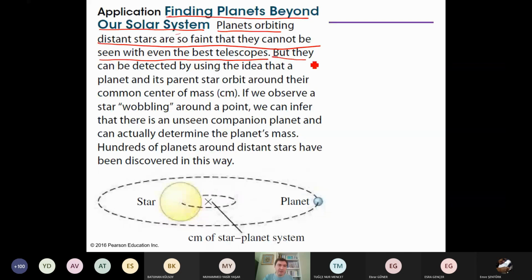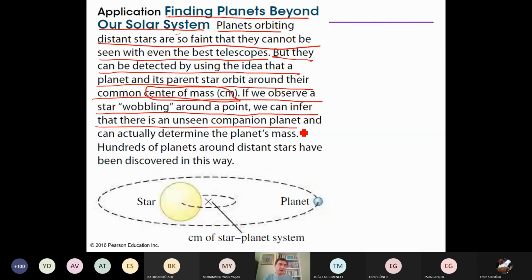But they can be detected by using the idea that a planet and its parent star orbit around their common center of mass. If we observe a star wobbling around a point, we can infer that there is an unseen companion planet and can actually determine the planet's mass. So hundreds of planets around distant stars have been discovered in this way by using the center of mass phenomenon.